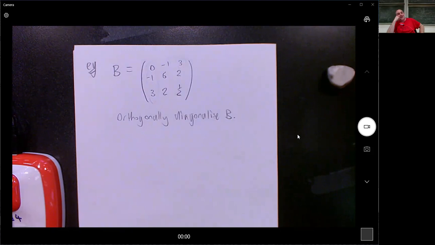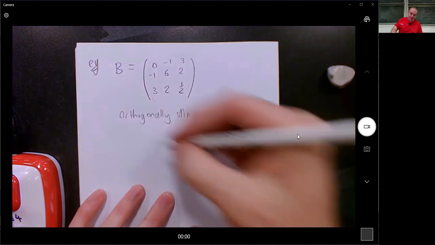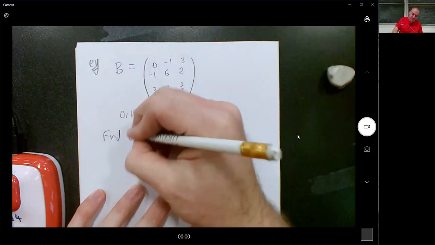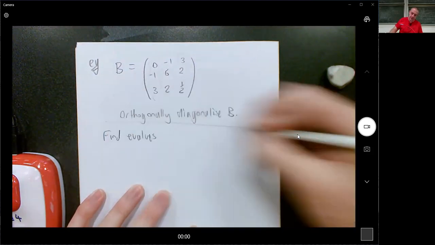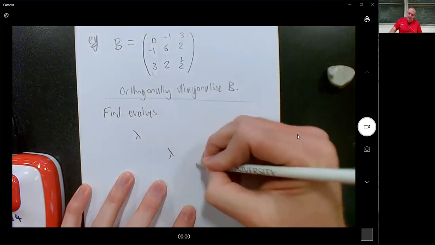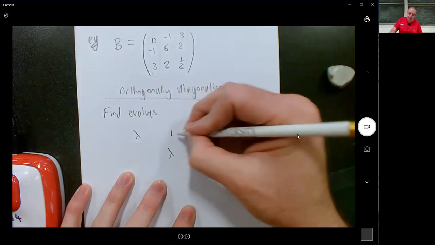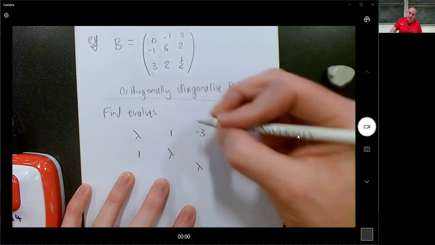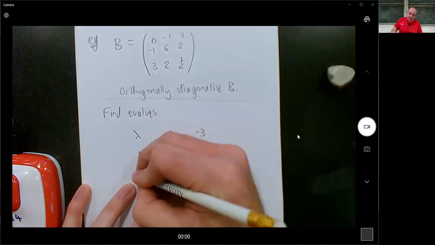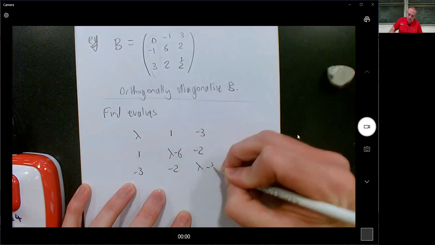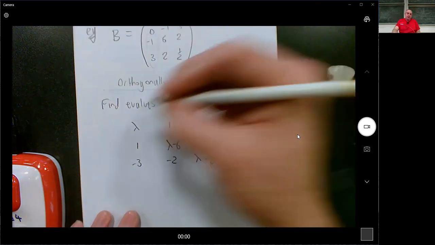So, okay, to orthogonally diagonalise this matrix, you would have to find its eigenvalues and its eigenvectors. I probably made it way too hard for myself. But, you know, let's go. So I'm going to have my lambdas, minus 0, minus 1, minus 3, minus 1, minus 6, minus 2, minus 3, minus 2.